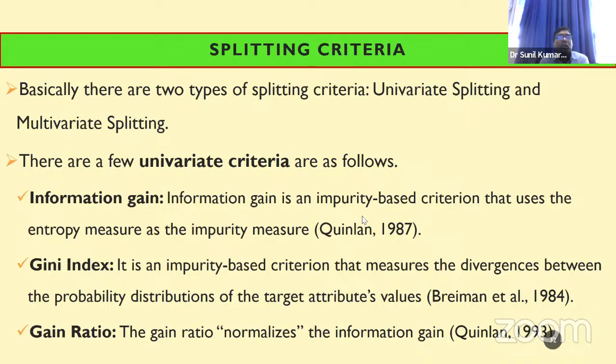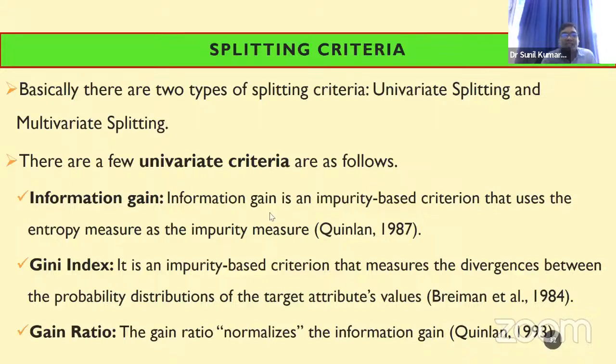Now, if we look at the further aspects of this decision tree problem, we think about how these nodes are going to be split, or what the splitting criteria will be. Whatever I have discussed till now is based on the univariate splitting criteria.